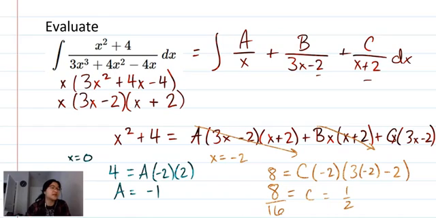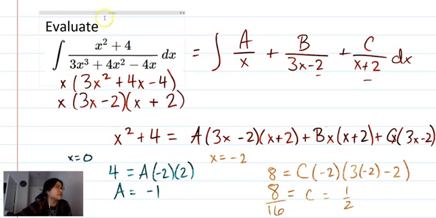Okay, and then what about our last thing? So how do we get B? How can we figure out what B is? Well, we can do the same thing where we plug in 2/3, right? So let's try that.